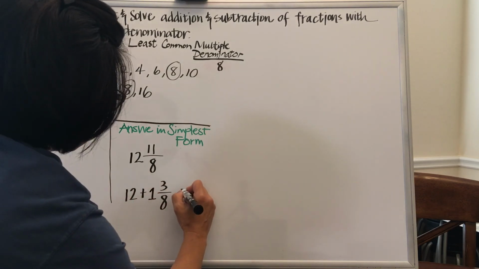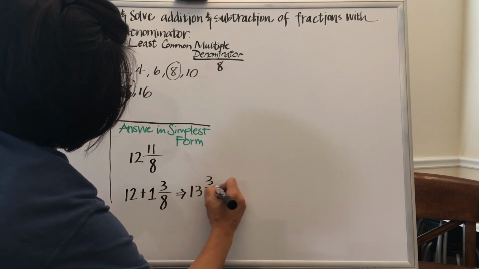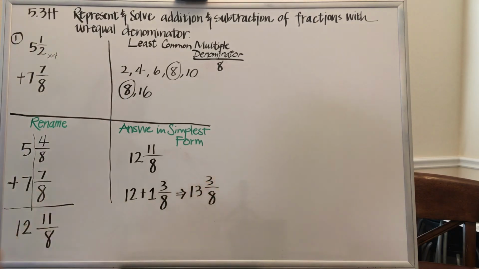So my final answer should be 13 and 3/8. So that's how we're going to solve just a little bit bigger number with a whole larger than 1 on the side. Now I am going to stop, and part 2 will have subtraction.